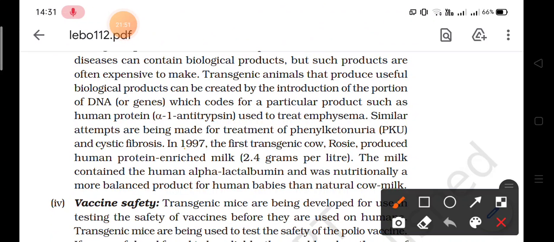Now next, in 1997, the first transgenic cow, meaning one whose DNA was modified, was made, and the name of the cow is Rosie.